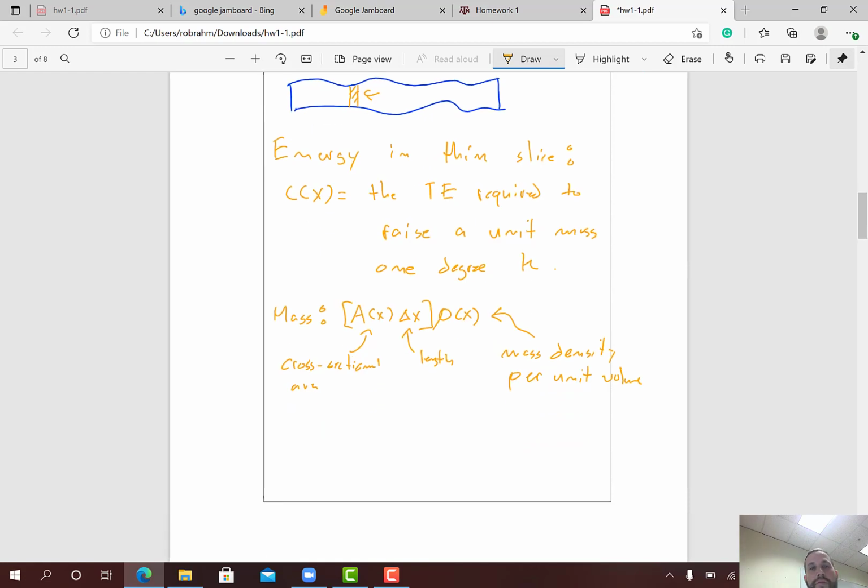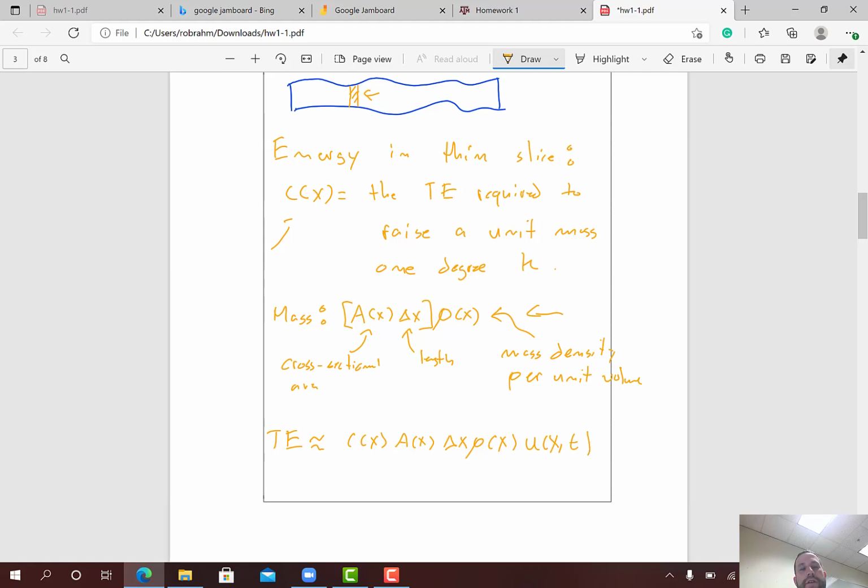Then if the temperature of that piece is u of x, t, this is its mass, and this is the specific heat, then we know that if it has temperature u, that piece is at u degrees, and we know its mass. So the total energy of that piece, again only approximate, is going to be equal to c of x times A of x times delta x times rho of x times u of x, t.